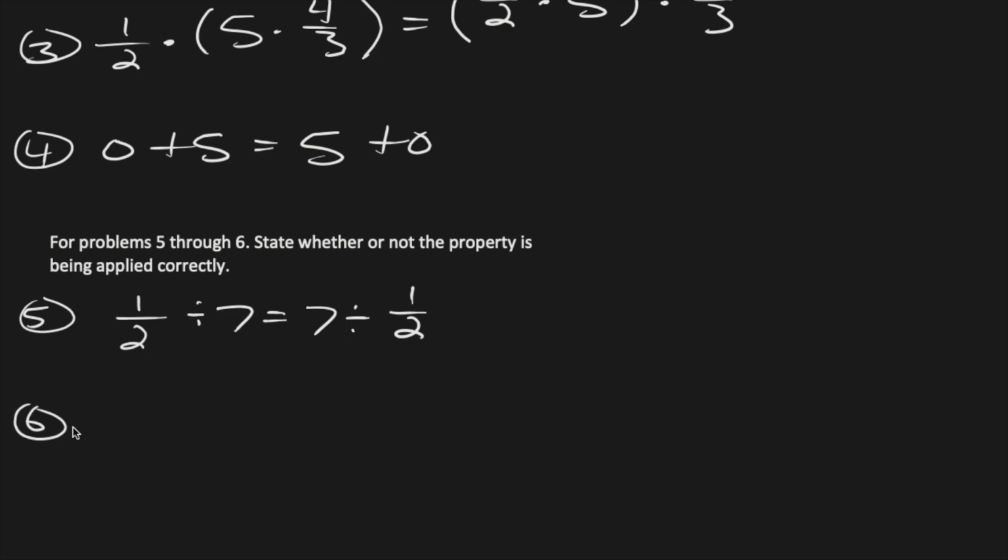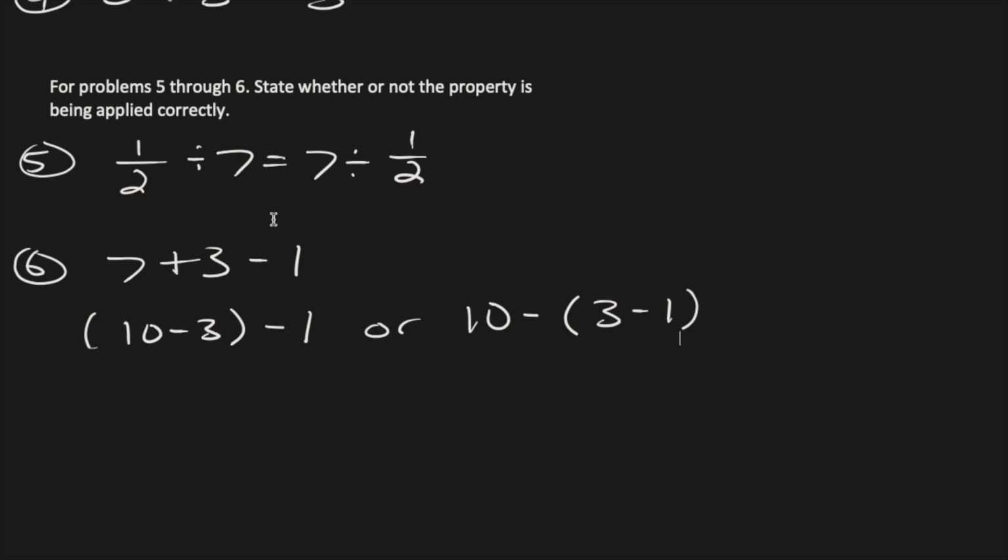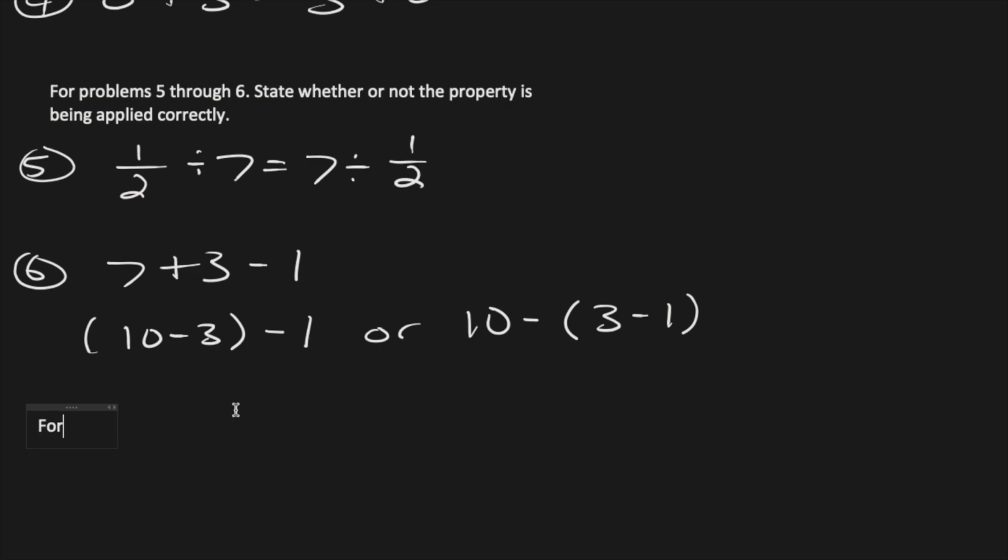Yes or no? For 6, use the associative property to state 7 plus 3 minus 1 can be calculated as 10 minus 3 minus 1, or 10 minus open parentheses 3 minus 1. Is that true or false? Yes or no?